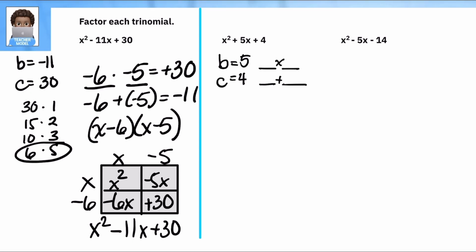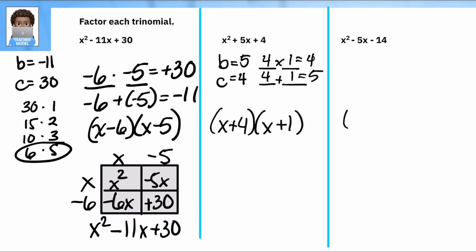Okay, let's do the reveal for the second set, and the answer is, let me actually write it in black ink, x plus 4 times x plus 1. Those are the only factors of 4. 4 times 1 would give us 4, and 4 plus 1 would give us 5. Let's try the last one. Hit pause and try that one as well, and then unpause for the reveal.